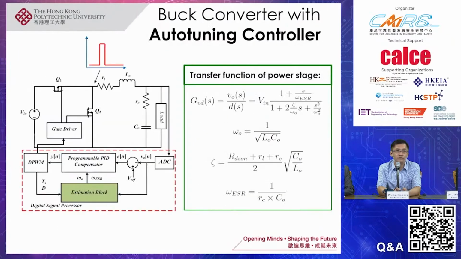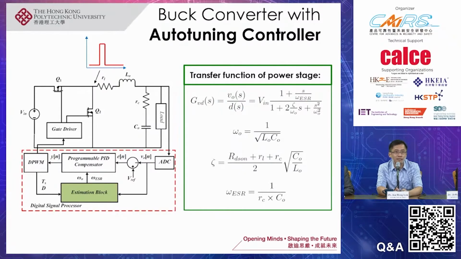So what we propose to do is to use the quasi-impulse response of the buck converter. Basically, we apply a short input pulse during the startup of the converter, and then we measure the response of the filter stage of the buck converter.